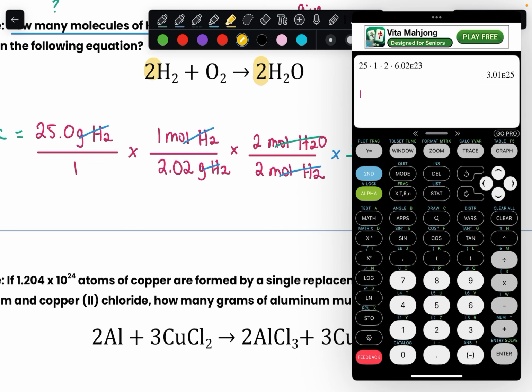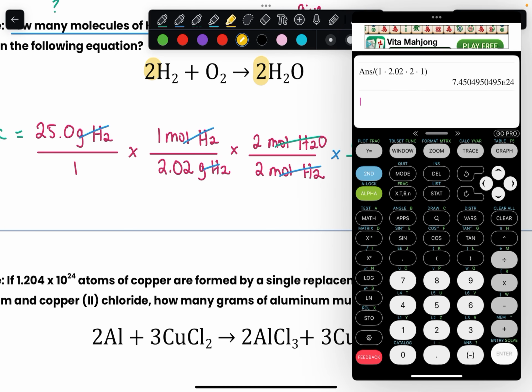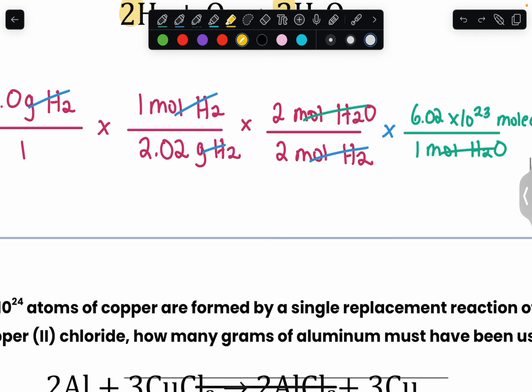That's why you're seeing E to the 25th there. I'm going to divide by, in parentheses, 1 times 2.02 times 2 times, I believe that's a 1 at the end. What we are going to get as a result is this answer of 7.45049 E24. I'm just going to go ahead and write down the first few decimals to that.